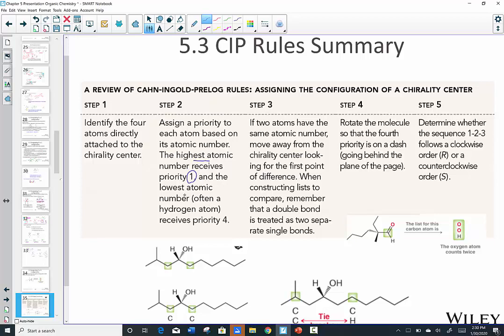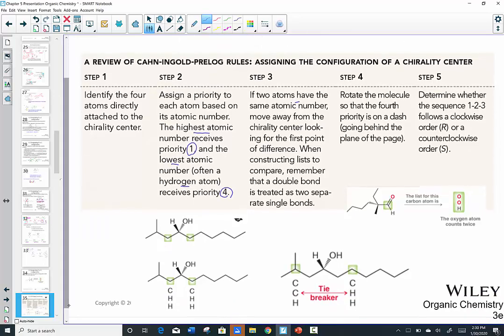The lowest priority is the lowest atomic number. It's usually a hydrogen. It receives a 4. If 2 atoms have the same atomic number, move away from the chirality center looking for the first point of difference. When constructing lists to compare, remember that a double bond counts twice.